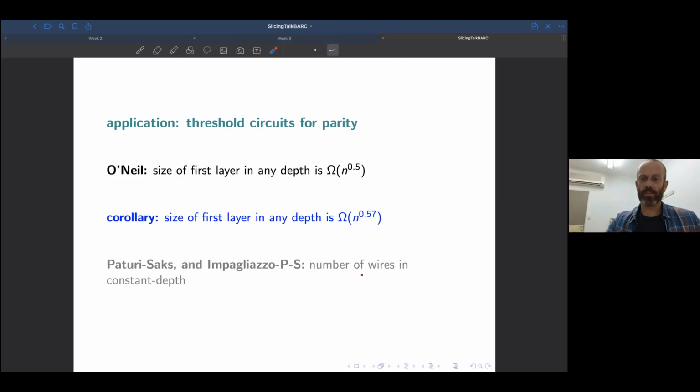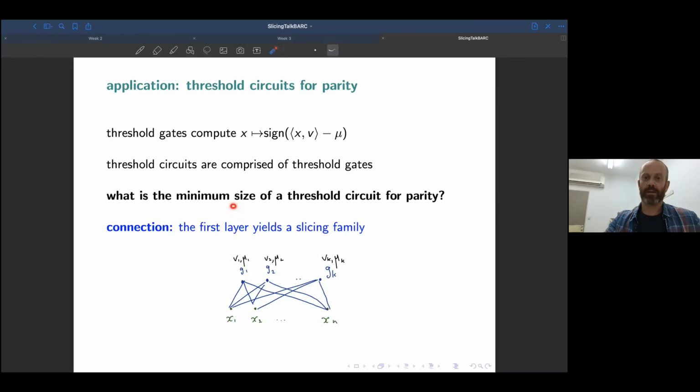I want to comment that about this question, there is a threshold circuit for parity of depth 2 with a linear number of edges. So there is a fairly simple depth 2 circuit for parity with a linear number of edges.